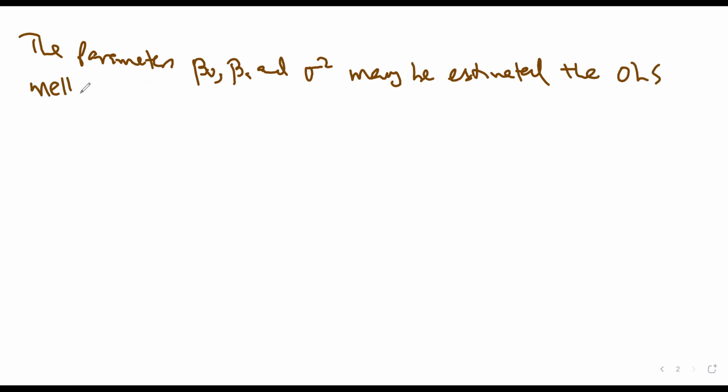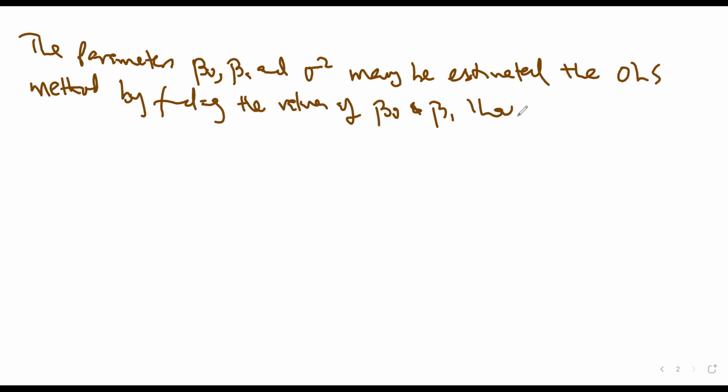The OLS method, by finding the values of beta naught and beta 1 that minimize the residual sum of squares.